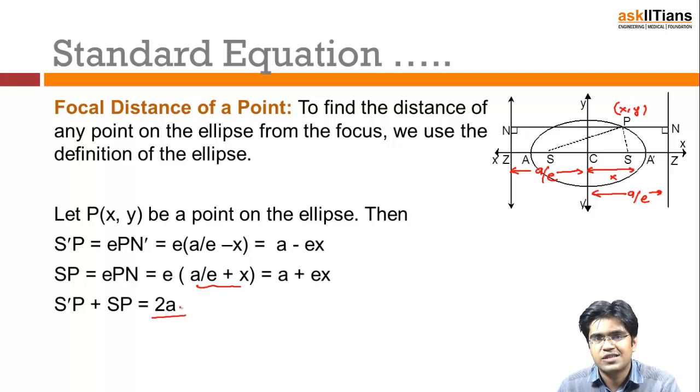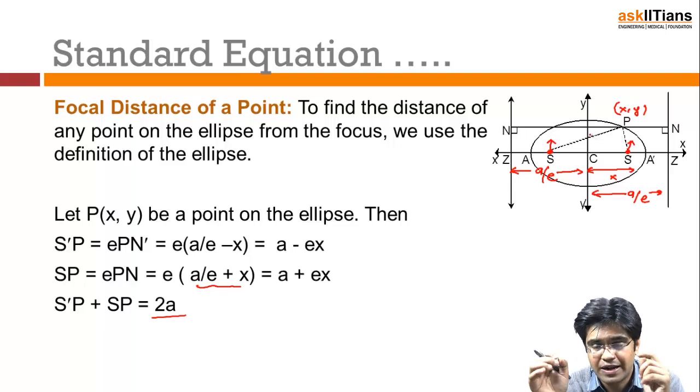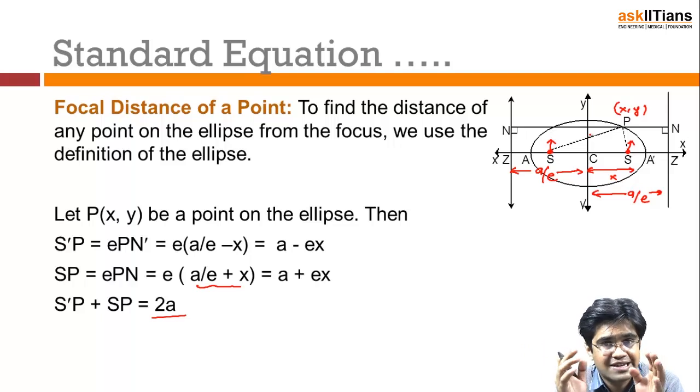So what I am trying to say is that no matter where this point P is, the sum of its distances from both the focuses S and S dash is always constant. So if you put two pins here, take a thread of any length which is greater than S S dash, tie both the ends of the rope at S and S dash, and remember that your rope has to be bigger than S S dash.